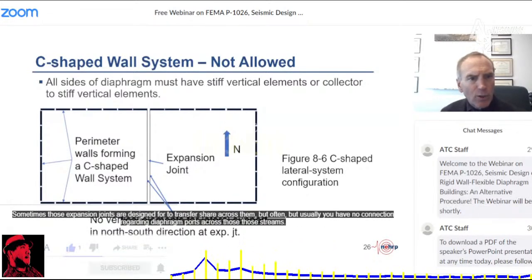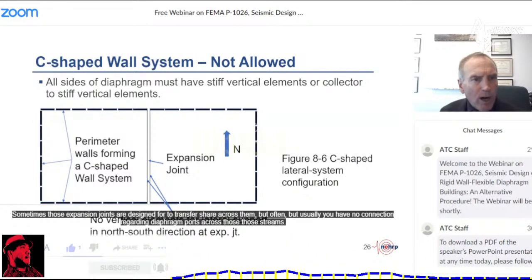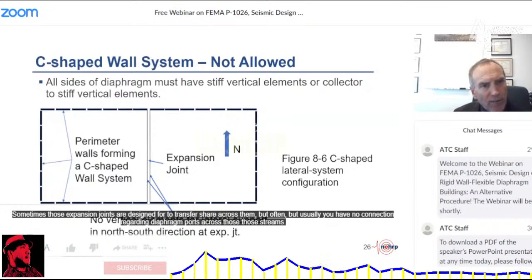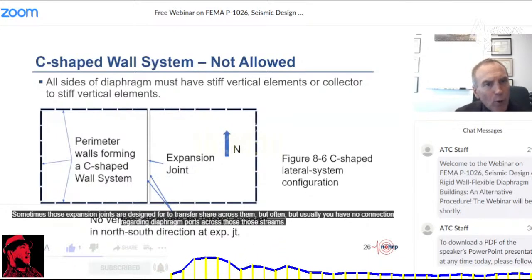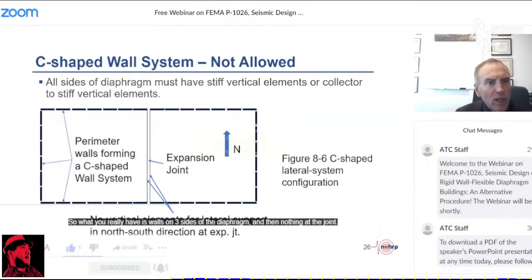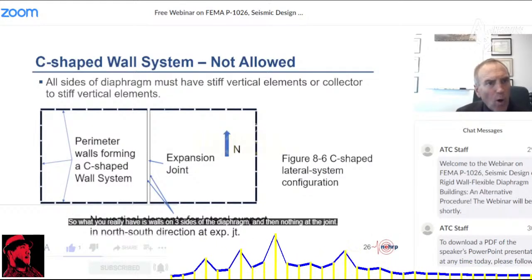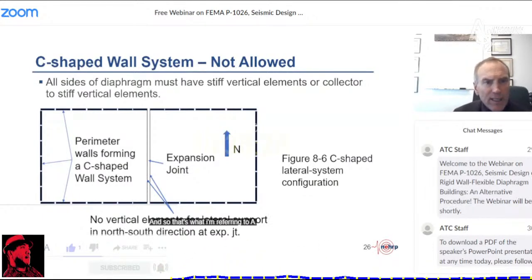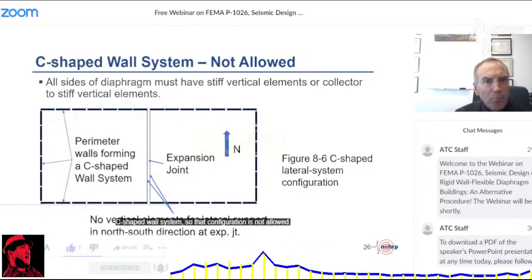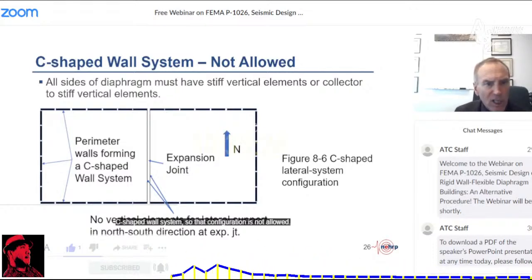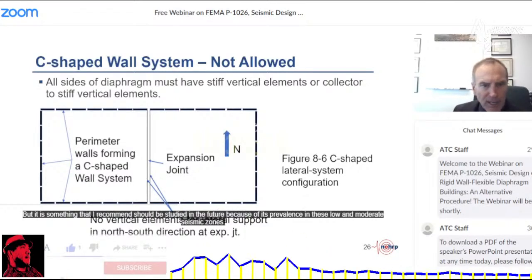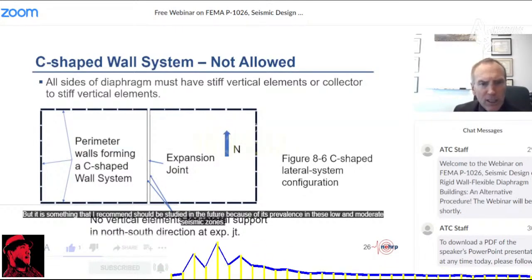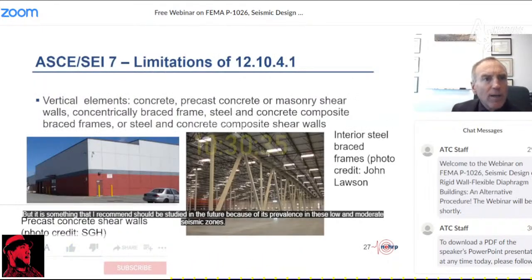Sometimes those expansion joints are designed to transfer shear across them, but usually you have no connection regarding diaphragm chords across those joints. So what you really have is walls on three sides of the diaphragm and then nothing at the joint. And so that's what I'm referring to as a C-shaped wall system. So that configuration is not allowed, but it is something that I recommend should be studied in the future because of its prevalence in these low and moderate seismic zones.